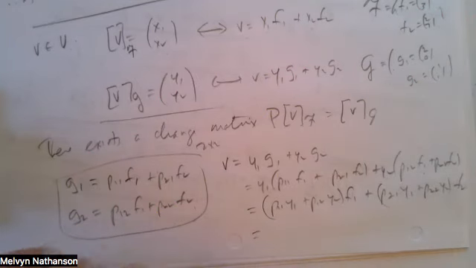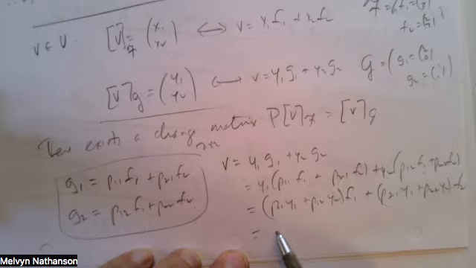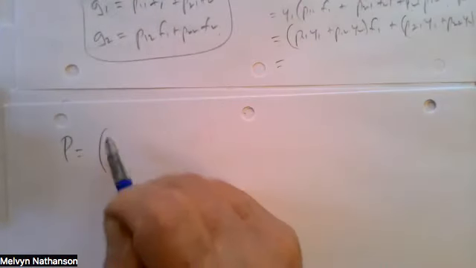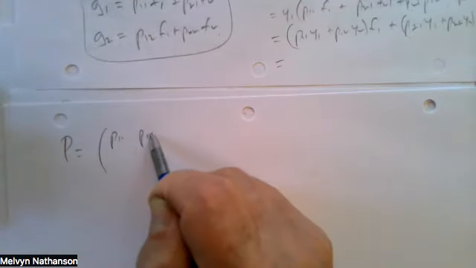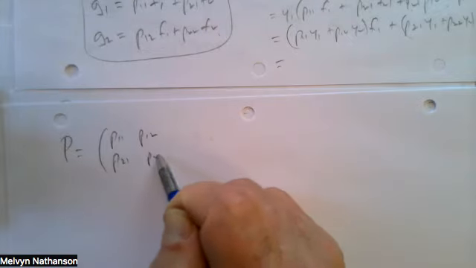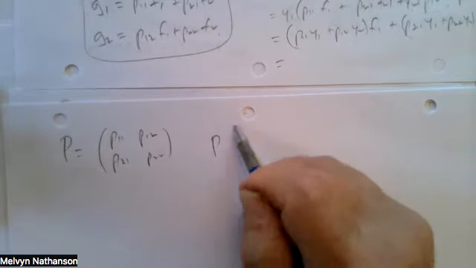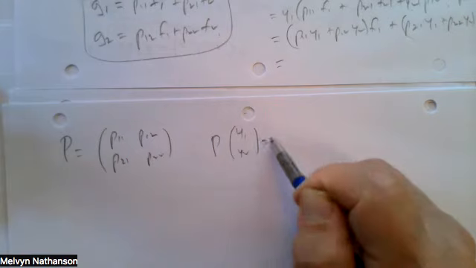This is exactly what you get if I had the matrix P, with coordinates P11, P12, P21, P22. What does P apply to the vector Y1, Y2?